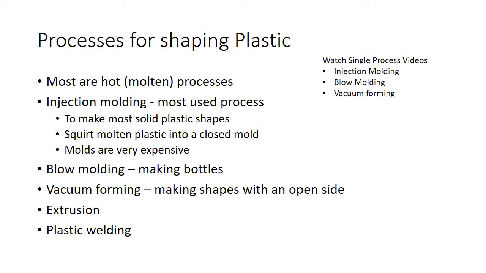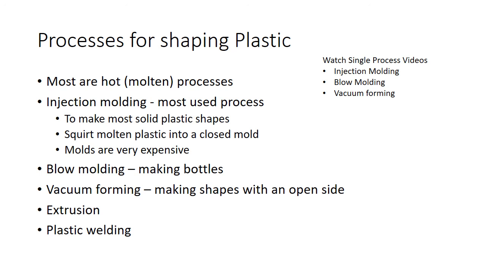Blow molding can start from a molten process, but the blow part of it would be considered just a hot working process, because you're getting the plastic melted to a point where it can be shaped. And the most used process for making plastics is called injection molding.